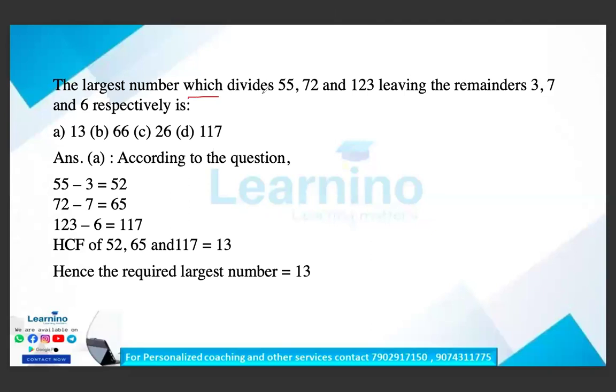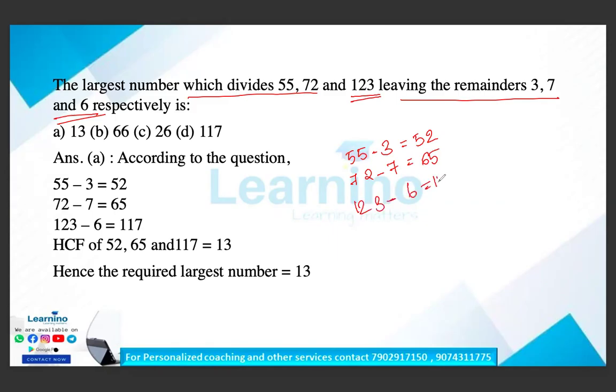Largest number which divides 55, 72, 123, leaving the remainder 2, 3, 7 and 6 respectively. 55 minus 3 will be 52. And 72 minus 7 will be 65. And 123 minus 6 will be 117.